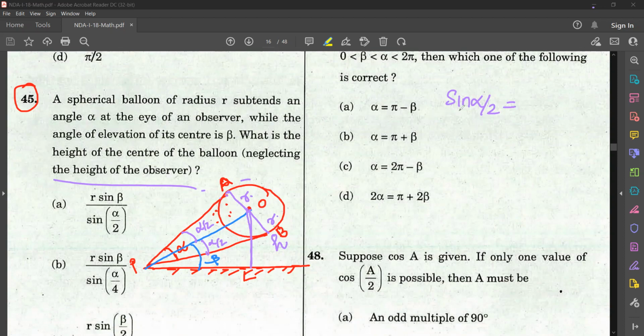Sine alpha by 2 is opposite by hypotenuse. So opposite is R by hypotenuse OP. R by OP.